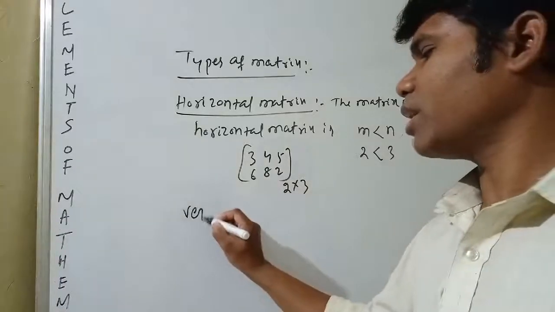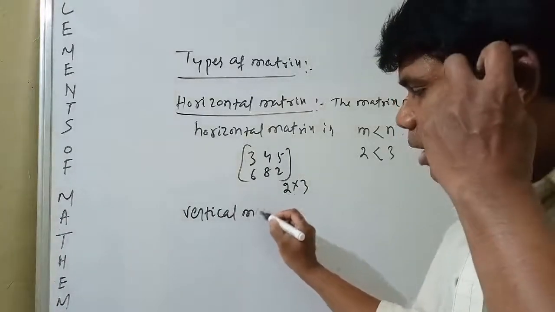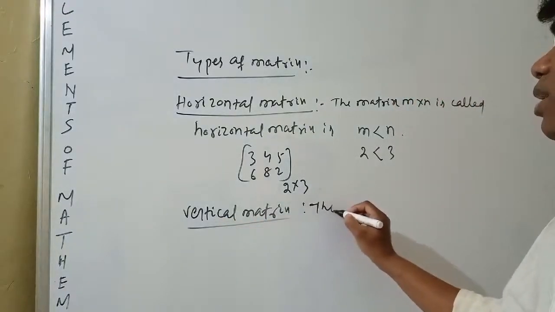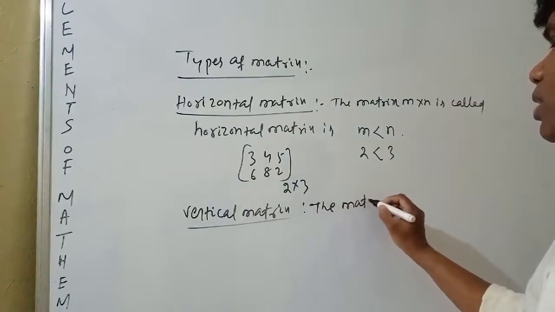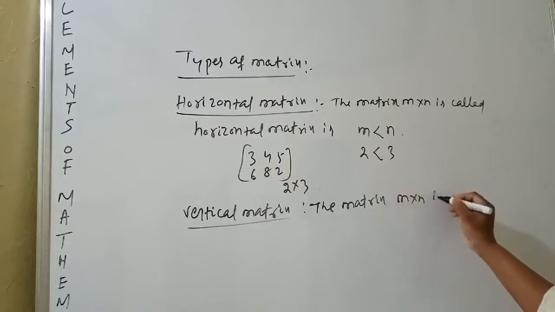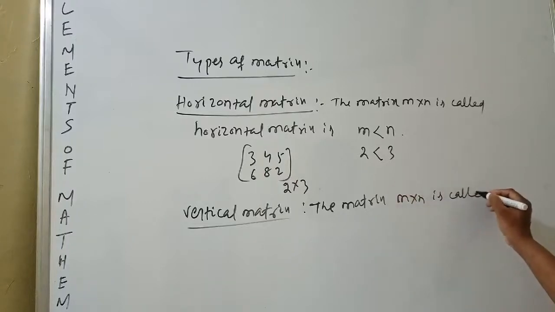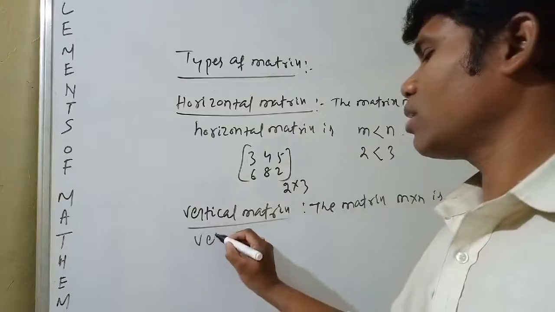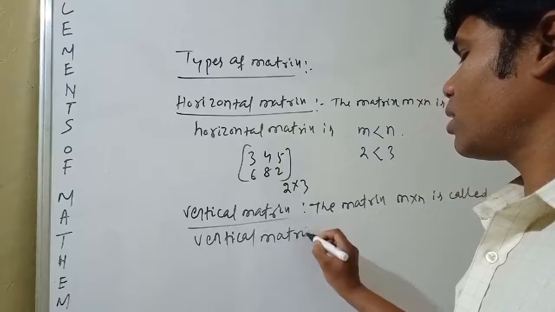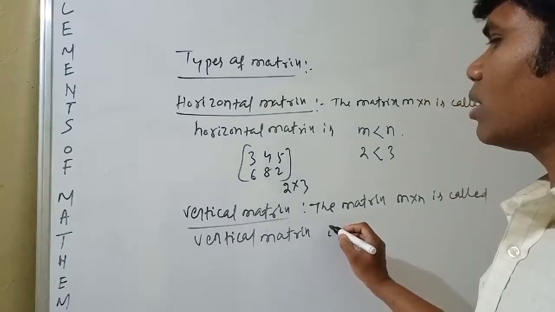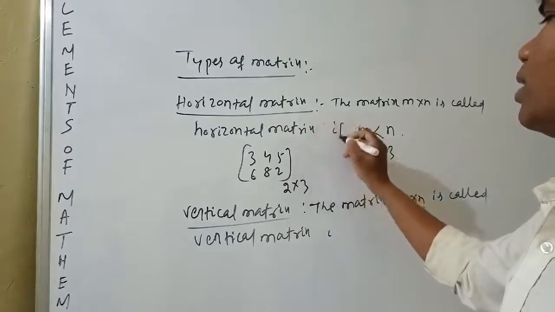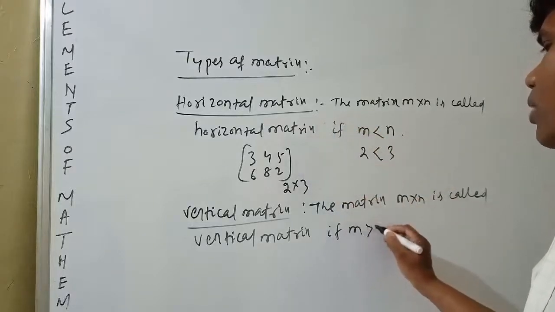Next come to vertical matrix. The matrix of order m cross n is called a vertical matrix if m is greater than n.